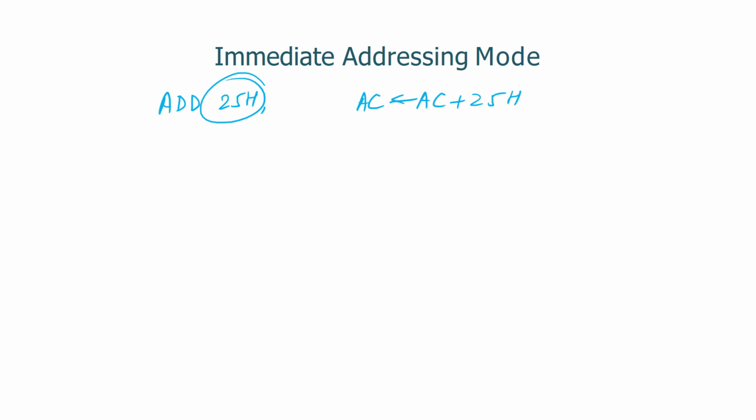Now there can be multiple questions which can be generated from this. One of the questions can be, suppose this is the instruction. One bit is for the mode, 3 bits are for the opcode, and 12 bits are for the operand.